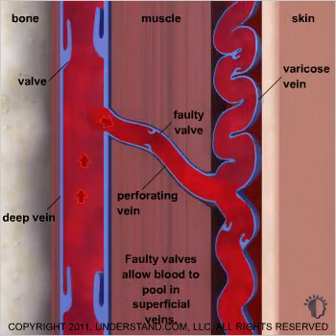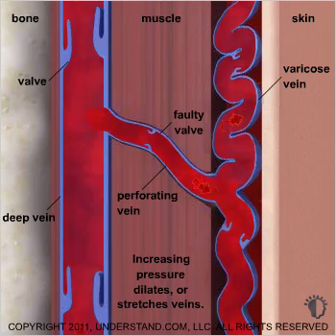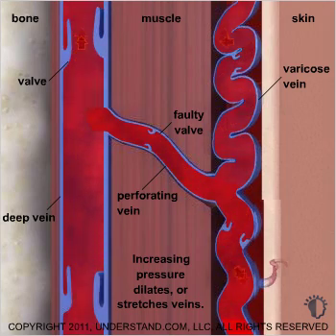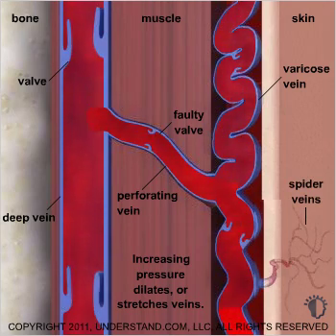If valves in the perforating veins or superficial veins do not work properly, some blood will be allowed to flow backwards and collect in a pool below. As blood accumulates, it exerts increasing pressure on the walls of the vein, which causes them to weaken and become dilated or stretched. As a result, spider veins or varicose veins form in the region.